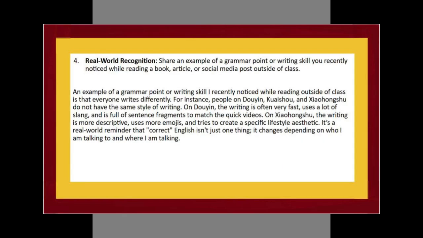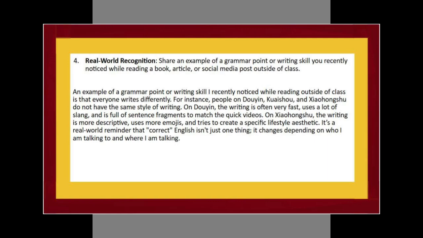An example of a grammar point or writing skill I recently noticed while reading outside of class is that everyone writes differently. For instance, people on Douyin, Kuaishou, and Xiaohongshu do not have the same style of writing. On Douyin, the writing is often very fast, uses a lot of slang, and is full of sentence fragments to match the quick videos.